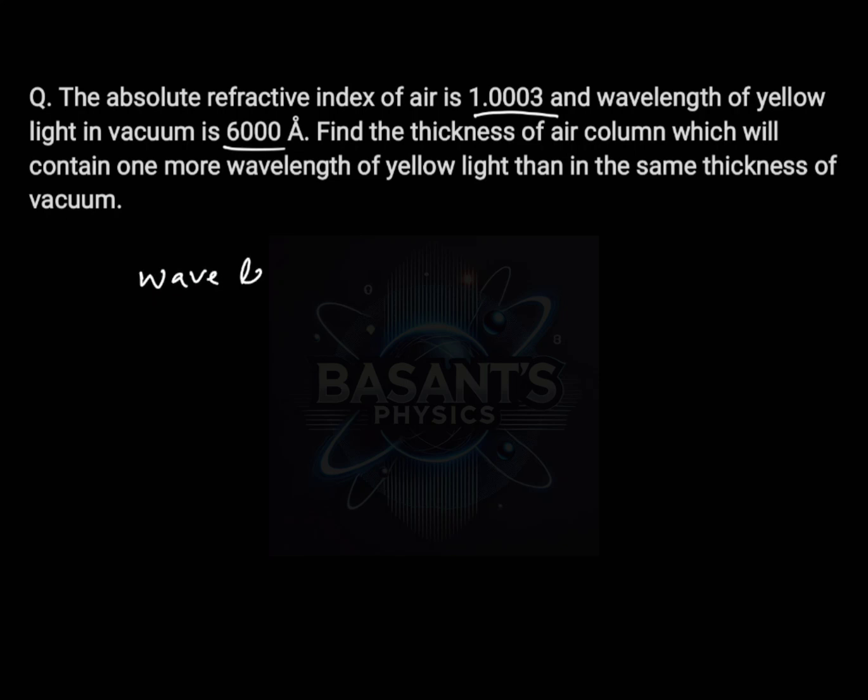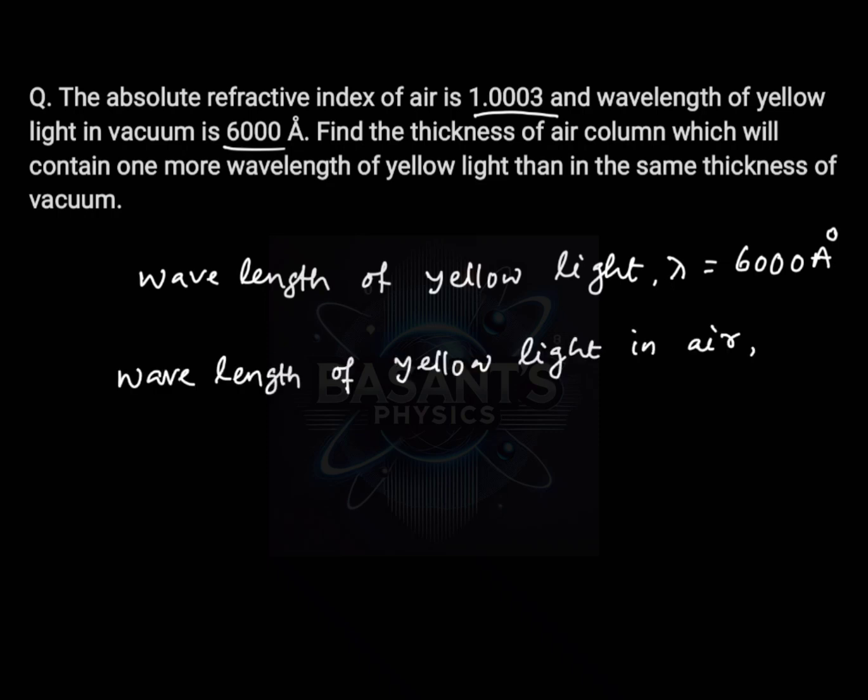Wavelength 6000 angstrom, then wavelength of yellow light in air. तो हम जानते हैं कि रिफ्रैक्टिव इंडेक्स ऑफ एयर विथ रेस्पेक्ट टू वैक्यूम क्या होता है ना, वेवलेंथ ऑफ लाइट इन वैक्यूम बाई वेवलेंथ ऑफ लाइट इन एयर.